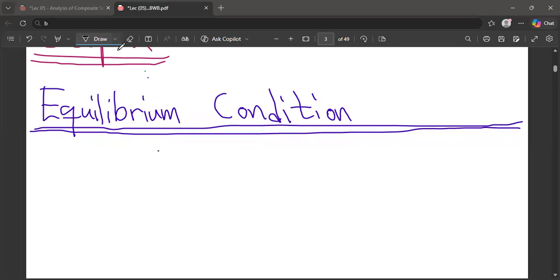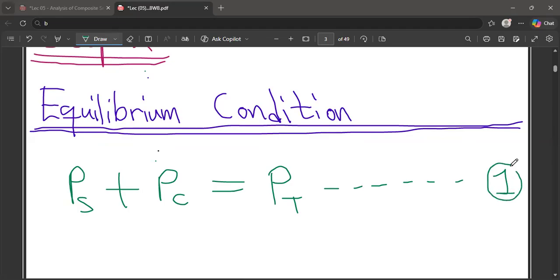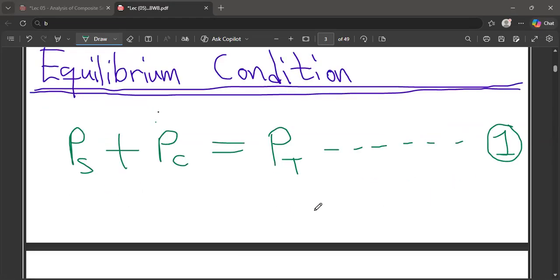We can denote it as this: the load in the steel plus the load in copper is equal to the total load in tension. Let me denote this as equation 1. Take note of this equilibrium condition; I'll come back to refer to it again.